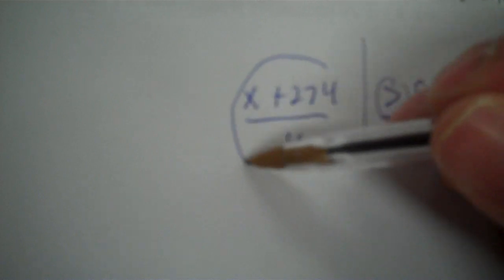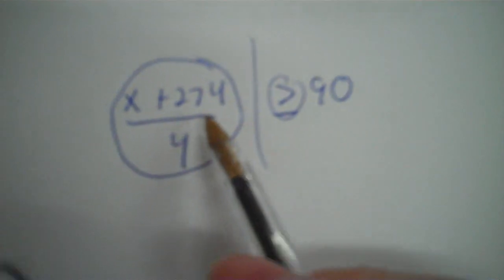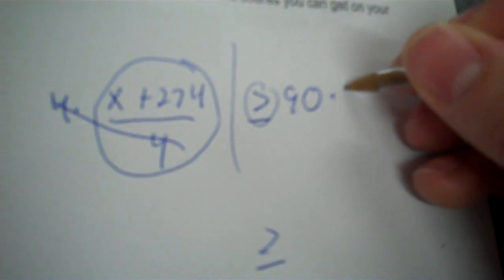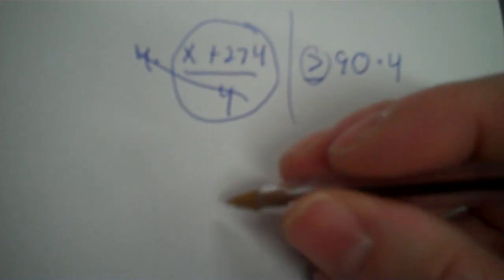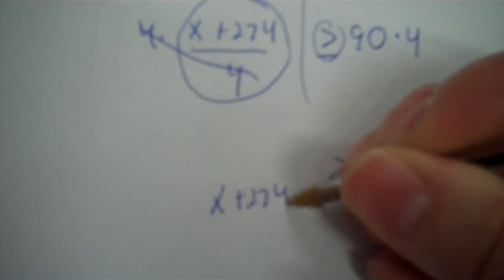Okay, now we solve for x. Now x is on this side, and the whole side is divided by 4. So you have to do this in a different order than you're used to. Okay, you need to times by 4 first, and then you're going to minus the 274. So when I times, it's going to be by a positive, so the sign won't change. 90 times 4 is 360, and over here I have x plus 274.